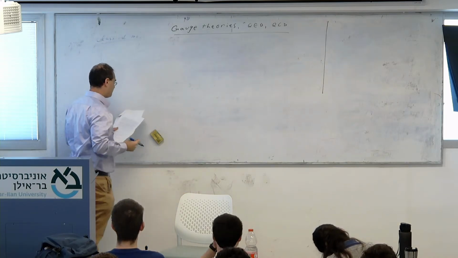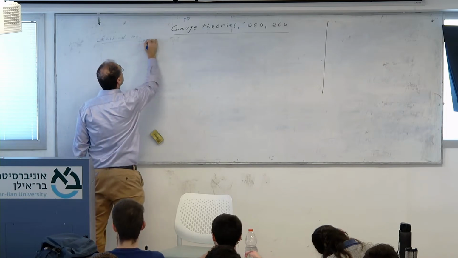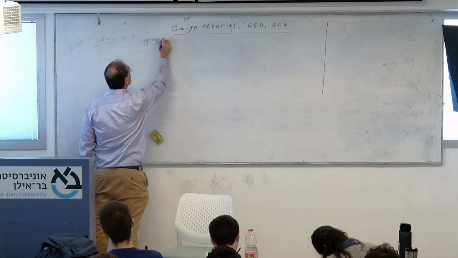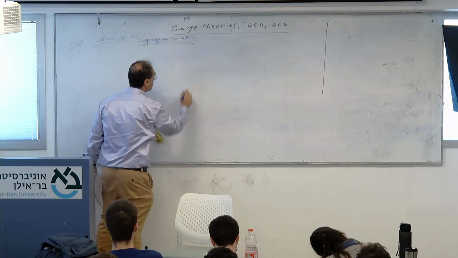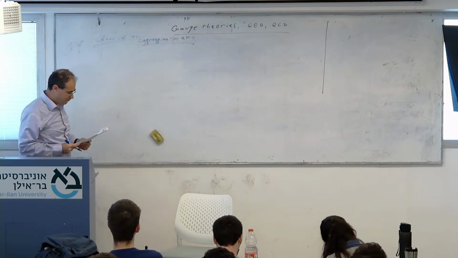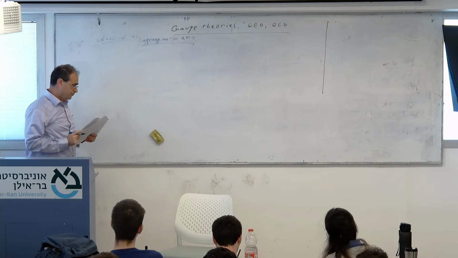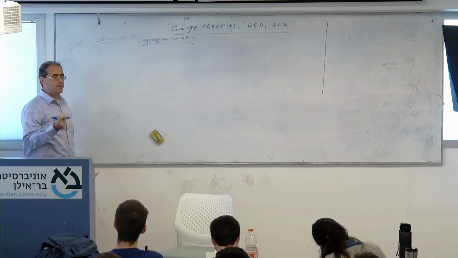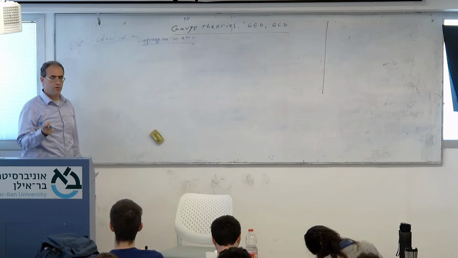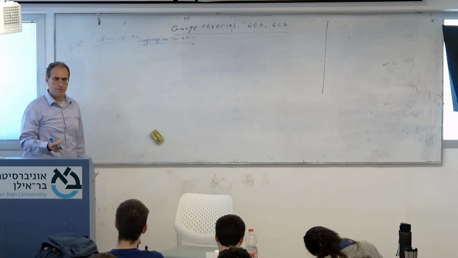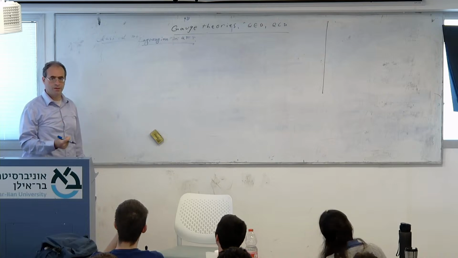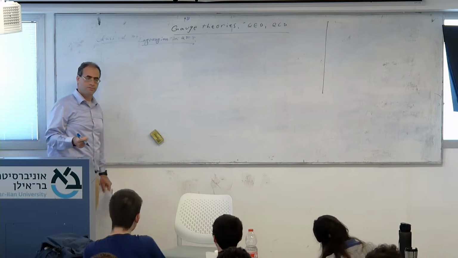Okay. Lagrangian and QFT. So, in classical mechanics, the Lagrangian was a function of a finite number of discrete parameters, q_i and q_i dot. Right?